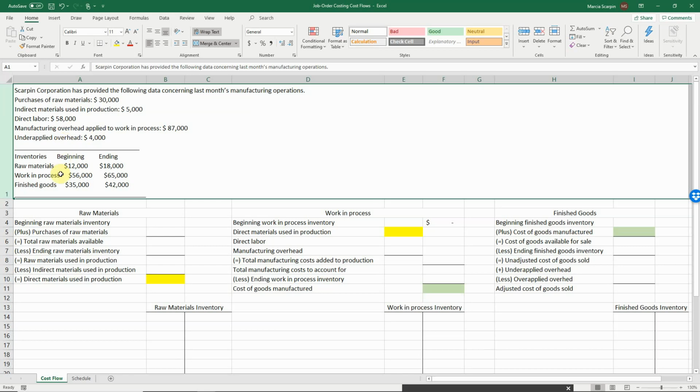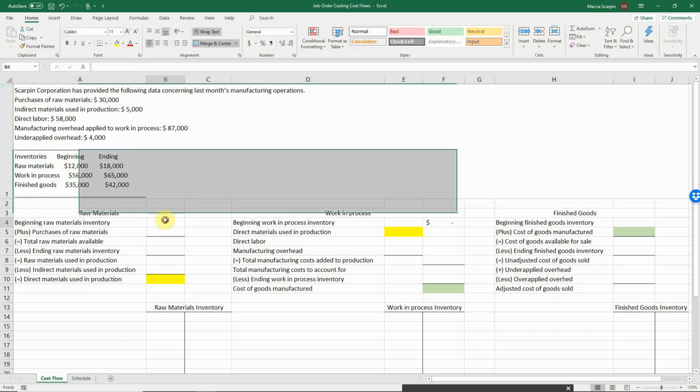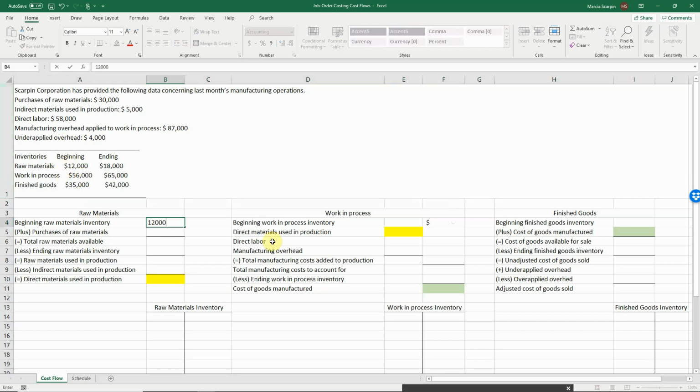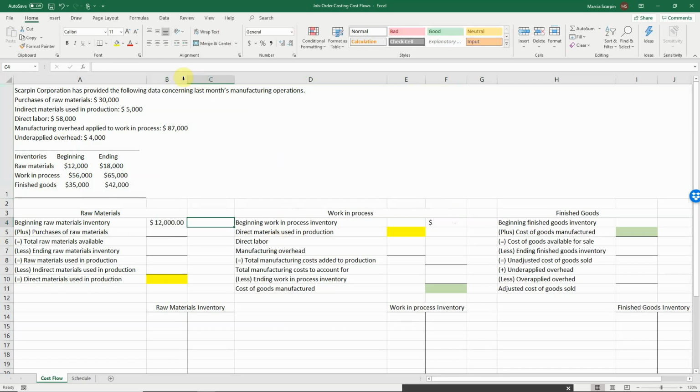We start with our inventories, beginning inventory. So beginning raw material inventory, $12,000. Work in process, beginning inventory, 56, and finished goods, 35.